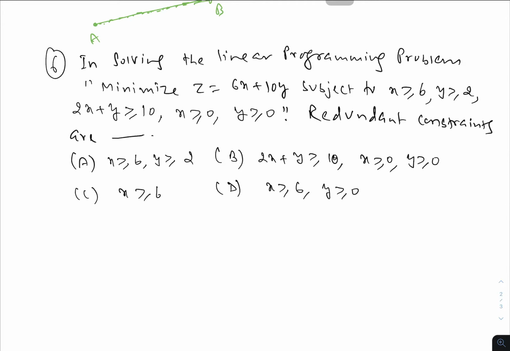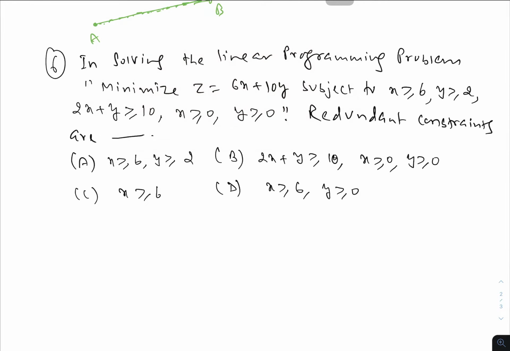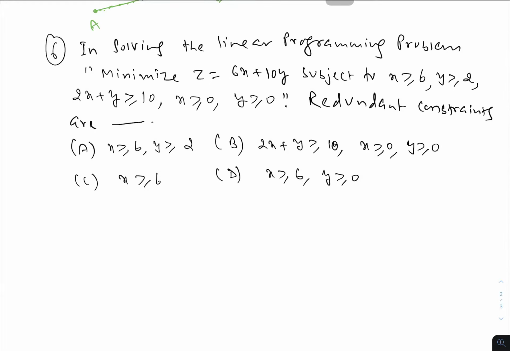Now here you need to carefully observe the problem, which are the constraints that if you remove, then also there won't be any problem. So here after carefully looking, you can see that if x is greater than or equal to 6 and y is greater than or equal to 2, these two, if you keep here, then automatically x is greater than or equal to 0 and y is greater than or equal to 0.